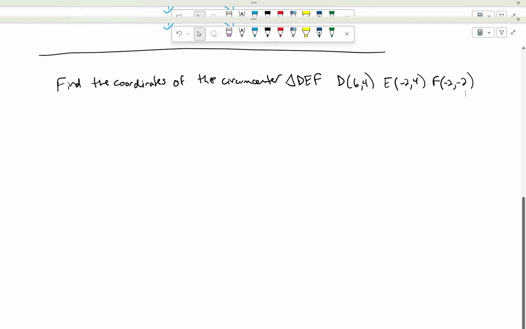So what I really have to do is just choose two of the sides. The third one will meet up there anyway. And if I can find that intersecting point between the lines constructed off of two of the sides, then I'm good to go. So this is what I mean. Let's just choose two sides. Let's choose side DE and side DF. These are two of the sides of the triangle.